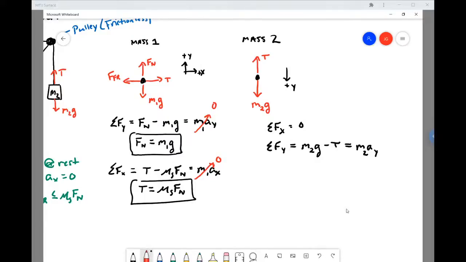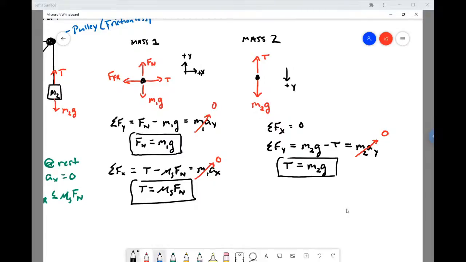And again, we're pursuing the situation where everything is at rest. There's no acceleration, so the net force is 0. All right, so that means the force of tension is equal to the weight.